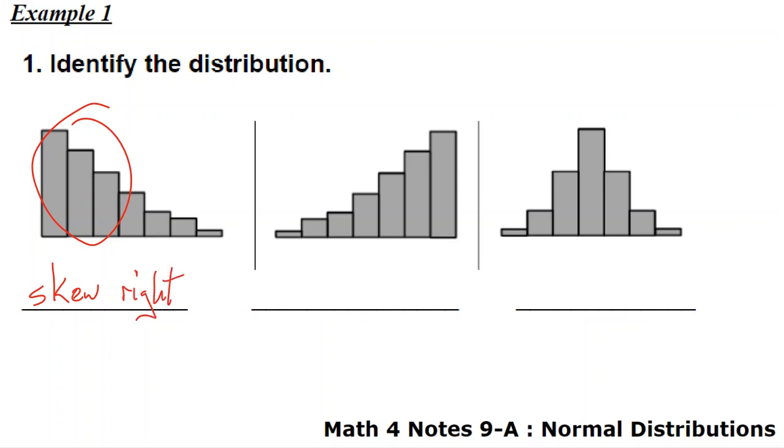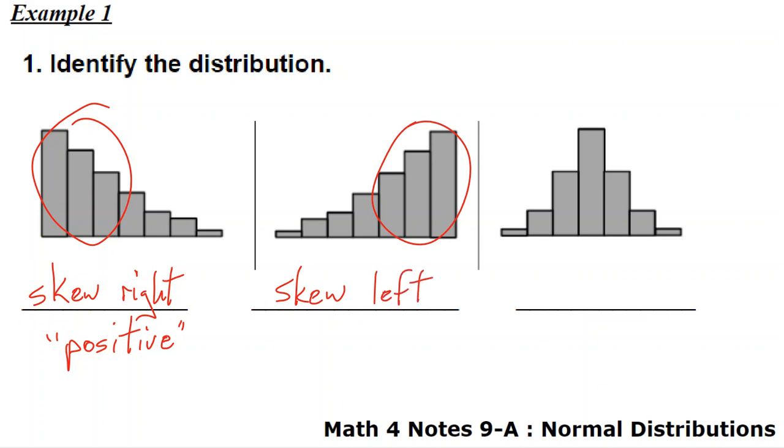And in terms of a normal bell curve like this, that is usually the positive side. So sometimes we will say that they are skewing positive. And likewise, everybody lives on the right side, which means we are skewing left. And that would be considered the negative end.